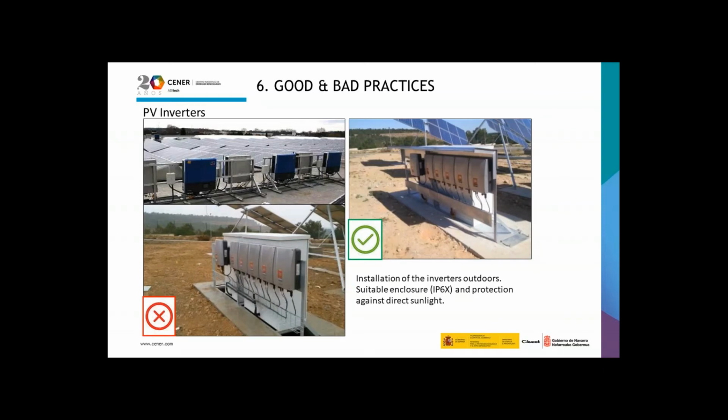In case of outdoor PV inverters, the installation of these inverters must be done in a suitable enclosure with an adequate IP degree protection and with a protection against the direct sunlight.